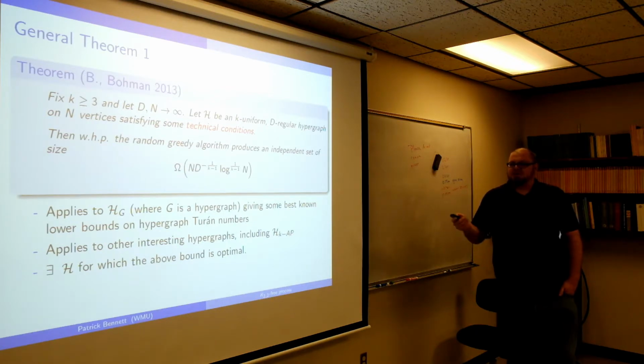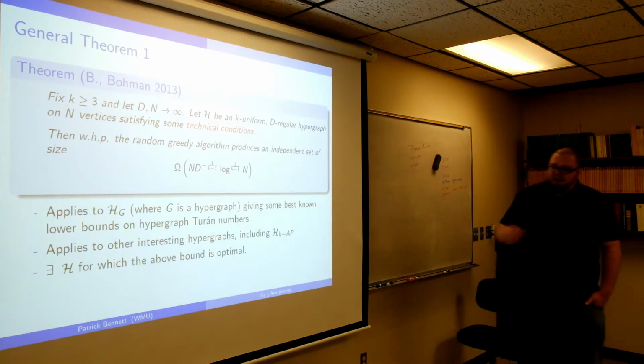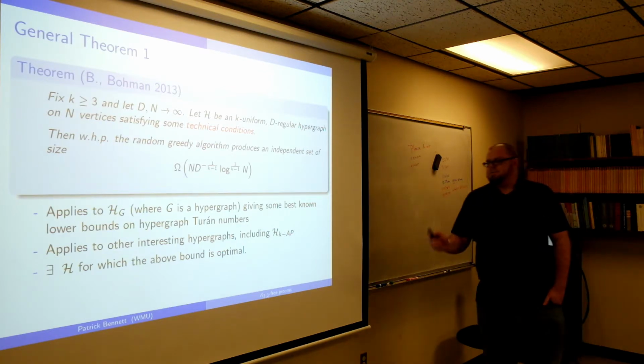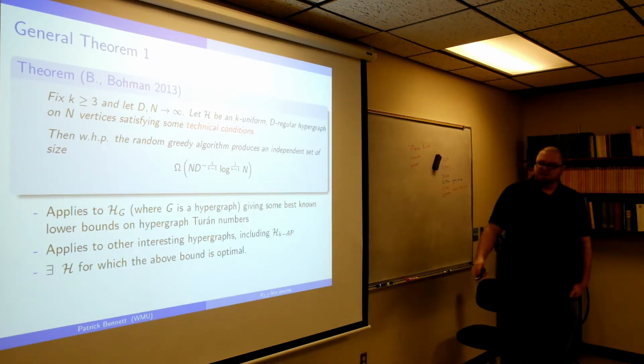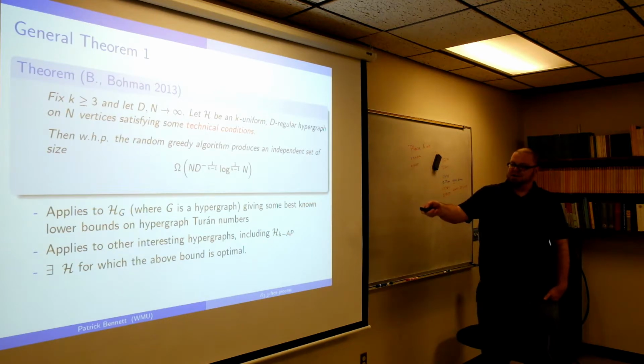Most hypergraphs have independent sets that are significantly bigger than this. And that includes a lot of the hypergraphs that we would be interested in. However, it's worth mentioning that there do exist hypergraphs for which this actually is essentially the independence number up to a constant, whatever constant is being suppressed by this omega.